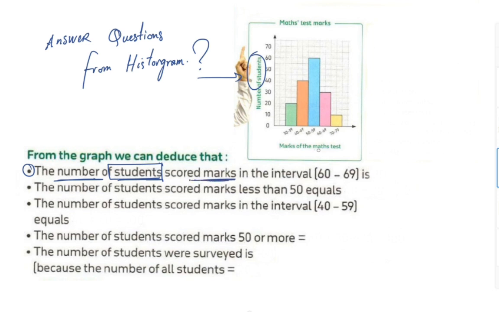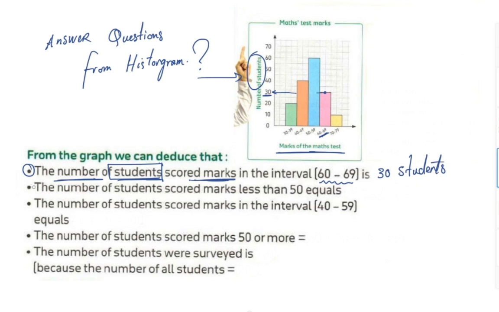Where is the mark? Here, on the x-axis, in the interval 60 to 69. How many students? Go up to the end of this bar and then go to the y-axis. You find the number of students is 30 students.